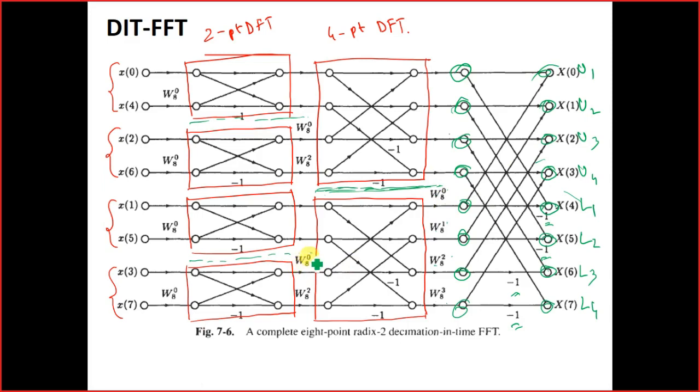Here, as I told you, W08 is equal to W02 is equal to W04, but instead of writing W08 and W28, I prefer W04 and W14, because it makes it easier for me to remember. So for a 4-point it becomes W04, W14. Over here I prefer W02. Okay, so this is how we do this 8-point FFT.